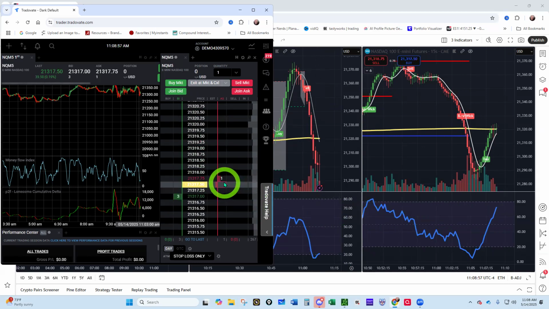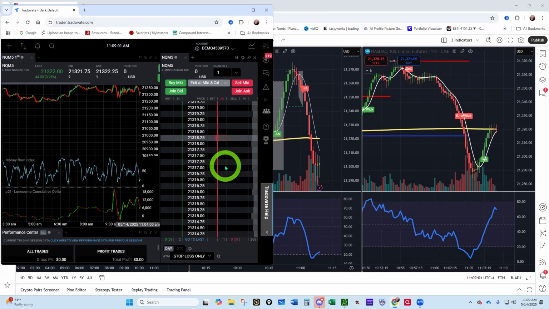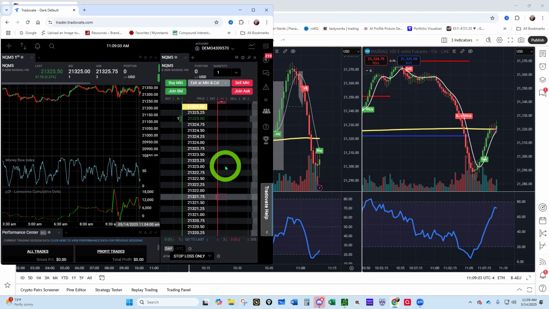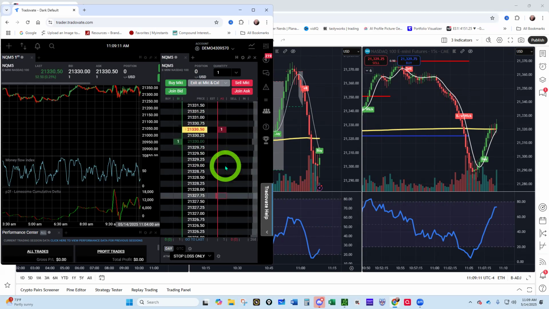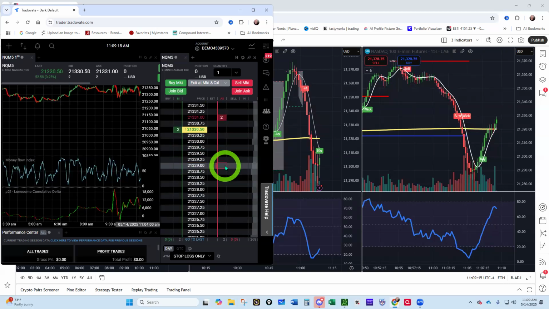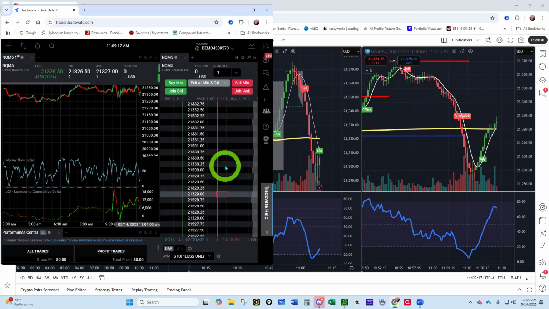AD still making lows of the day. Got a buy flashing on the one.